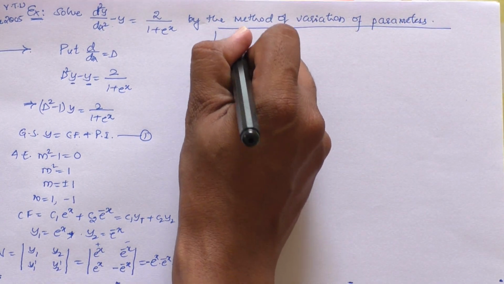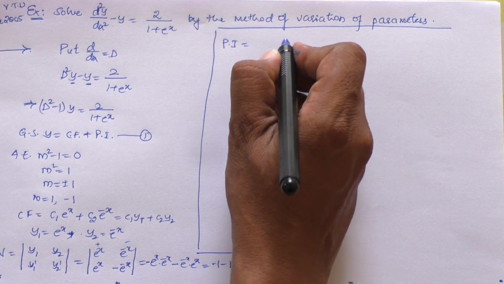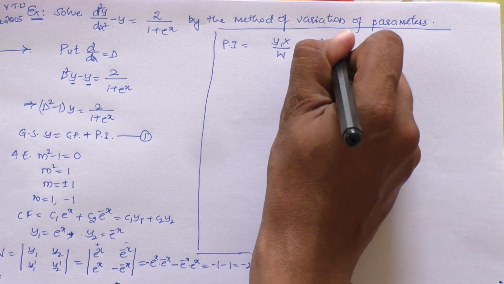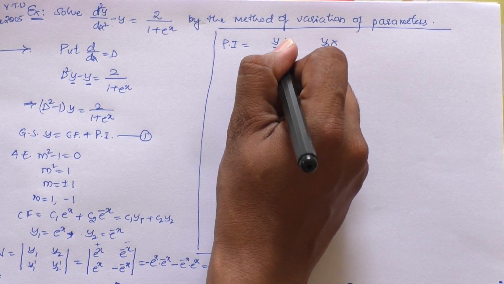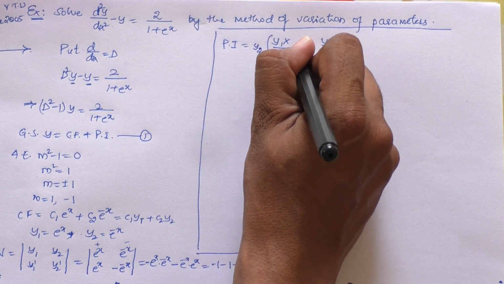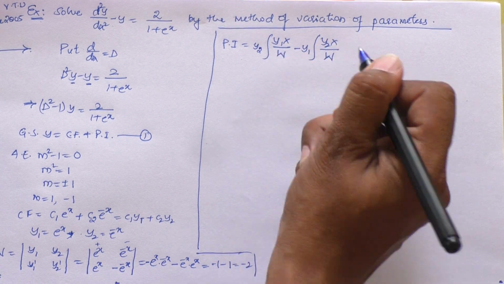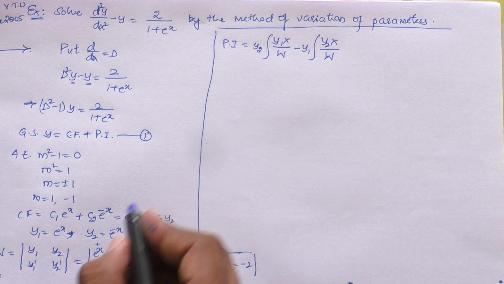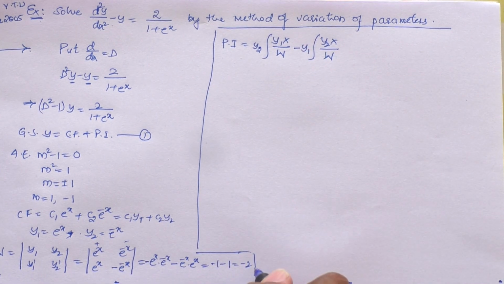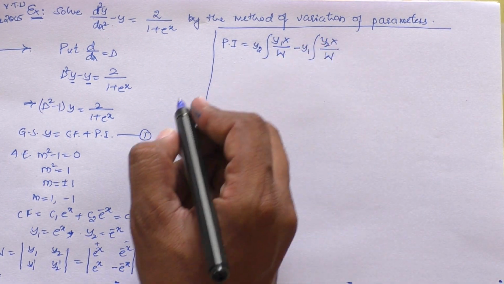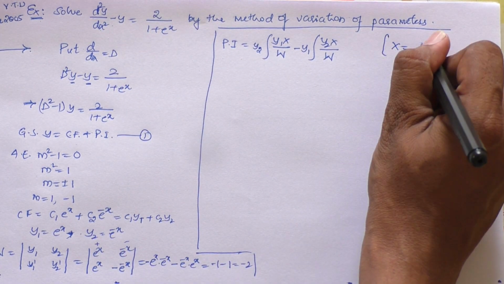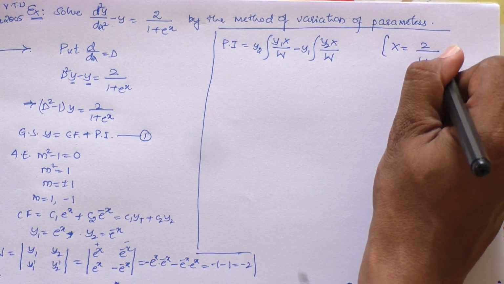In case of variation of parameters, PI has two terms, with y1, X by W and y2, X by W. The y1 term is multiplied by y2 into the integration of this, and for the y2 term, minus y1 into the integration of this. We know y1 is e raised to x, y2 is e raised to minus x, W is minus 2, and capital X means the RHS term, which is 2 divided by 1 plus e raised to x.